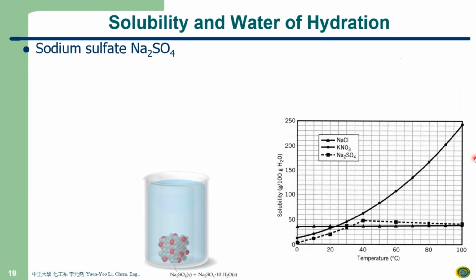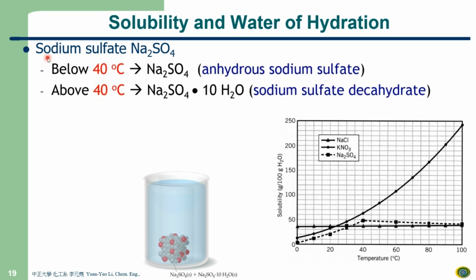Right, so about the solubility and water of the hydrate: below 40, the sodium sulfate has no water, so the solubility of the sodium sulfate in water increases with the temperature. However, above 40, the sodium sulfate starts to have 10 water molecules inside this crystal. So the solubility doesn't increase.